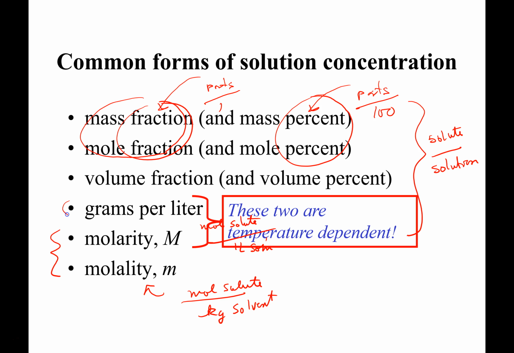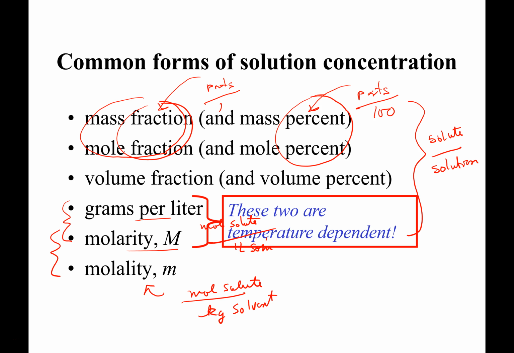These two, grams per liter and moles per liter, have liters on the bottom, and one thing about liters is that volume actually changes with temperature. Water is that funky thing: as liquid water cools down, it becomes more and more dense.